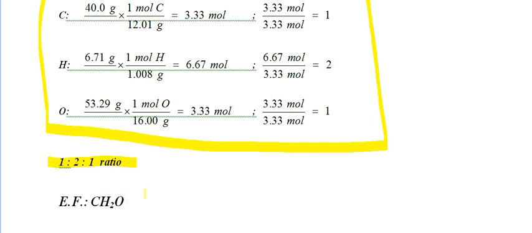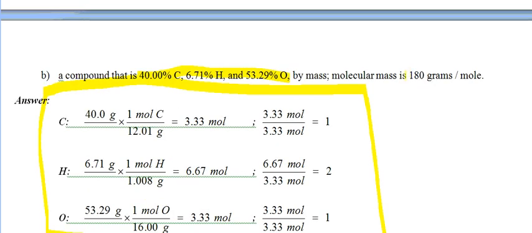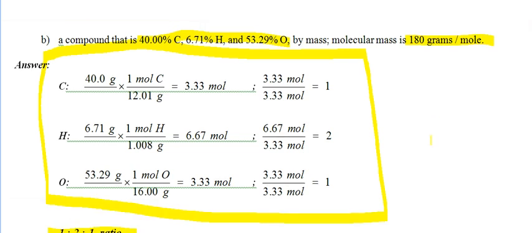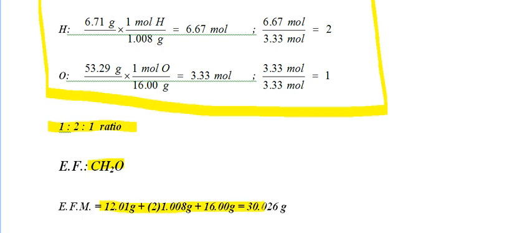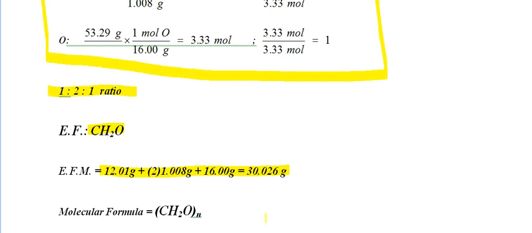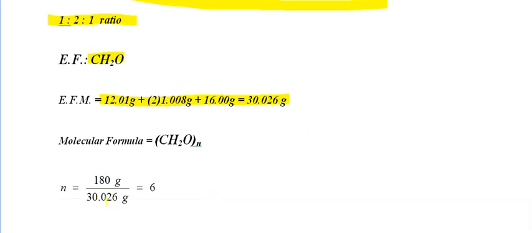And so now to find the molecular formula, we were given a molar mass of 180 grams per mole. So let's find out what the empirical formula mass is. So 30.026. And so you have 180 divided by 30.026, which is approximately 6.